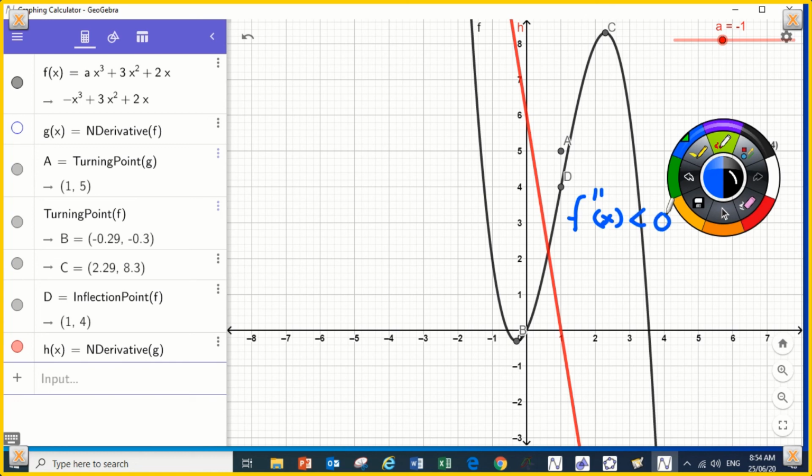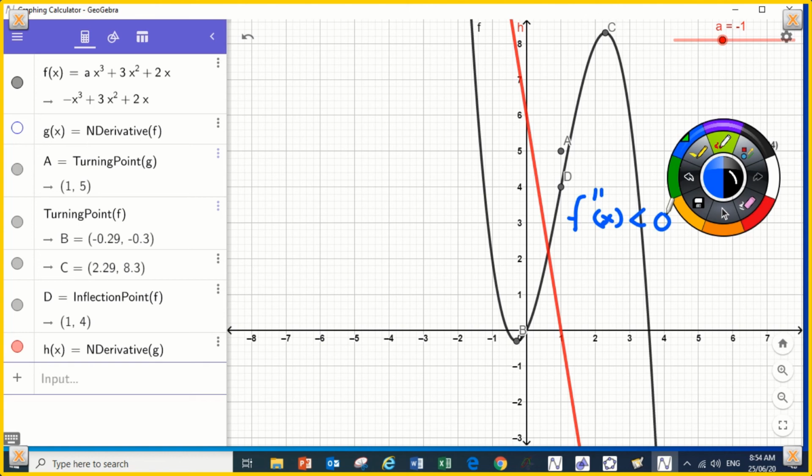That f double prime of x represents y. So when it's concave down, the y values of the second derivative will be negative. I hope you are following. This is where the inequality originates from when sketching.